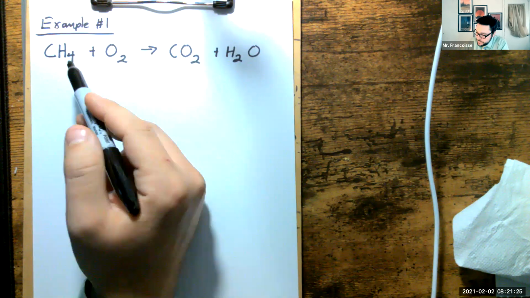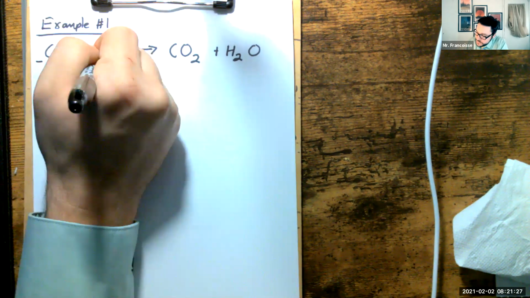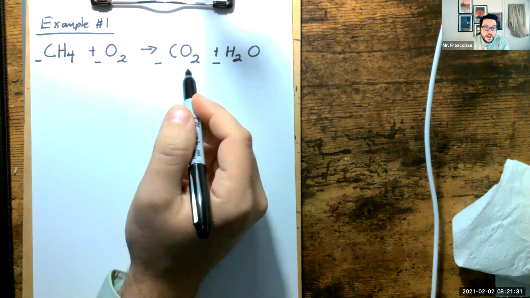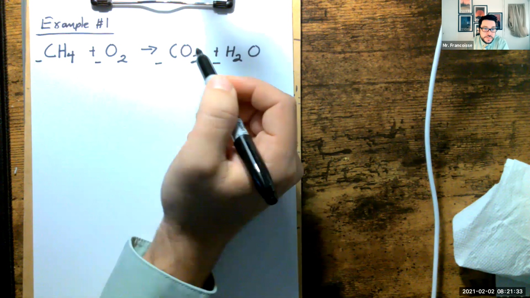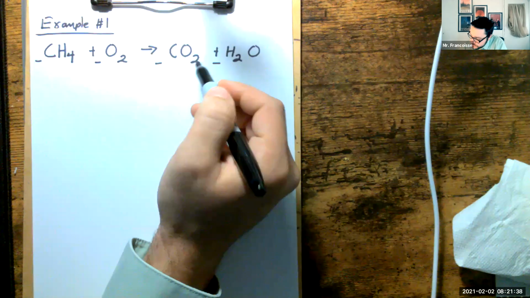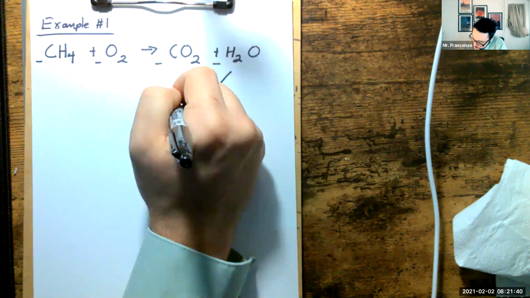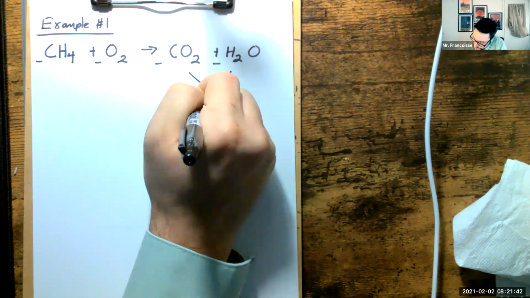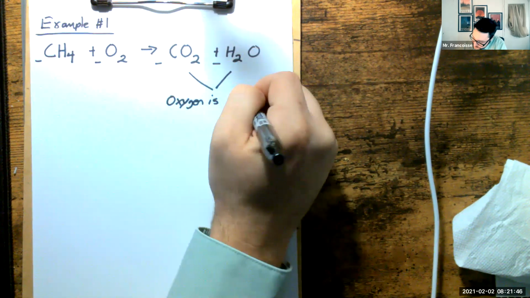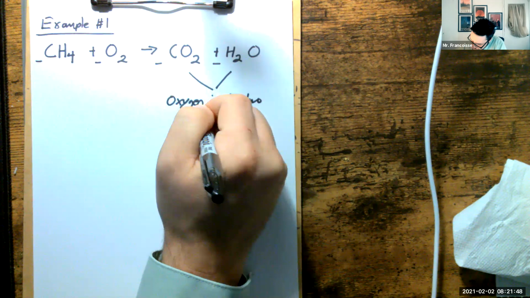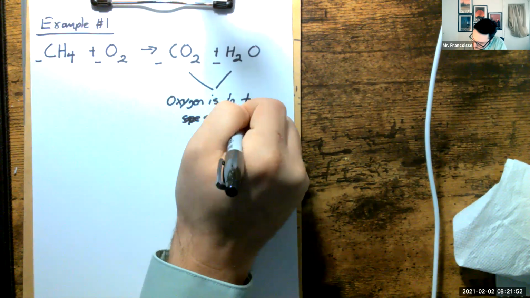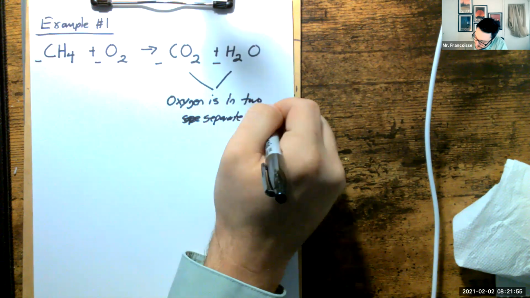So this is our problem. We have spaces in front of each of these. I'm going to rewrite this in a sec. So when we have problems like this, notice that oxygen is in 2 separate places. In the products.